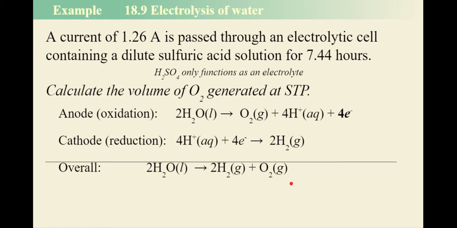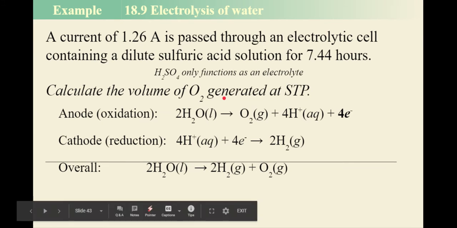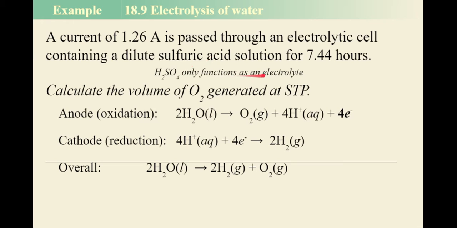So let's try that. So we run a current of 1.26 amps through an electrolytic cell with sulfuric acid, which again is just the electrolyte, for 7.5-ish hours. What volume of oxygen is generated?